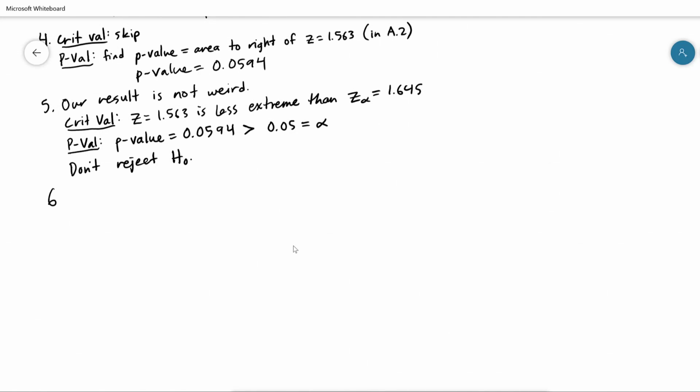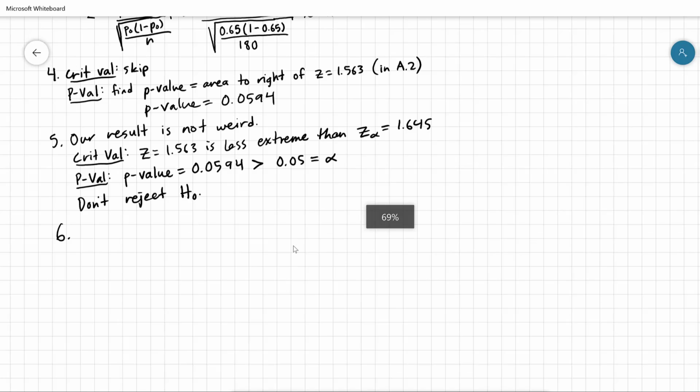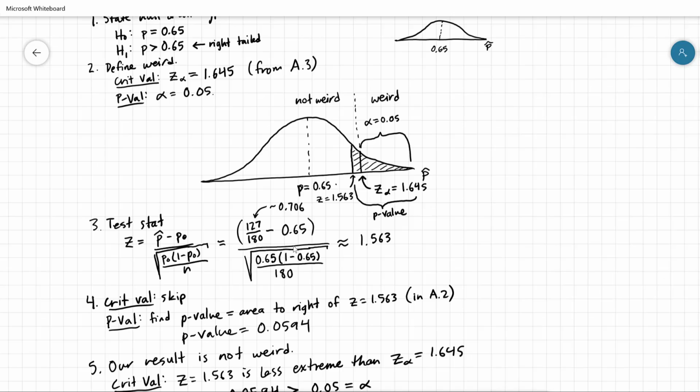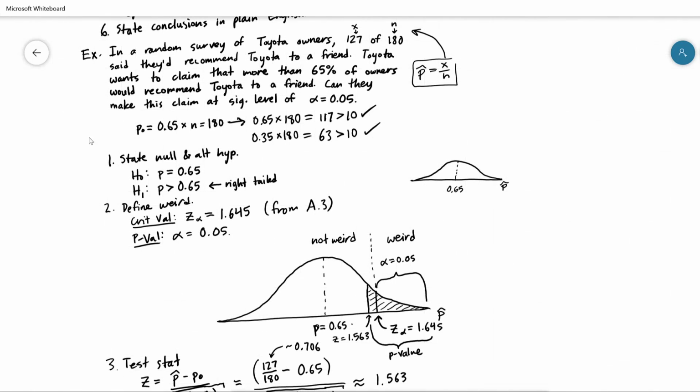So in plain English, what does this mean? Let's go back up and look at the original statement of the problem. Here's the thing that we just said we're not going to reject. The null hypothesis was that the proportion of the population that would recommend Toyota to a friend is 0.65. The alternate hypothesis is that more than 65% of owners would recommend to a friend.